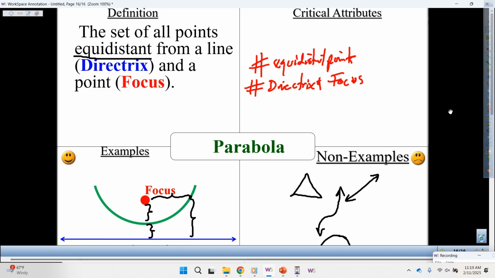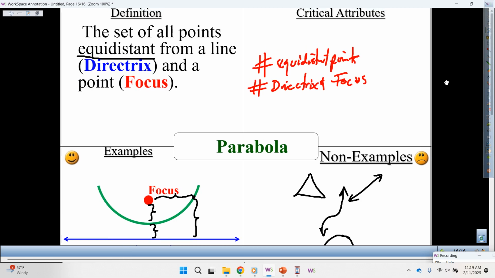So with that said, writing utensils down, look up to the screen. We're about to embark on parabolas. We're going to be using a standard form equation for this.